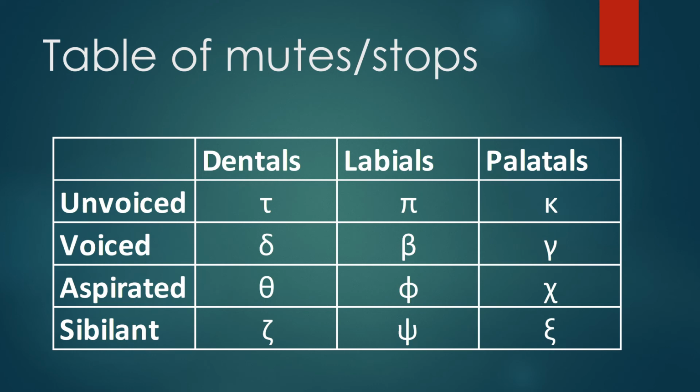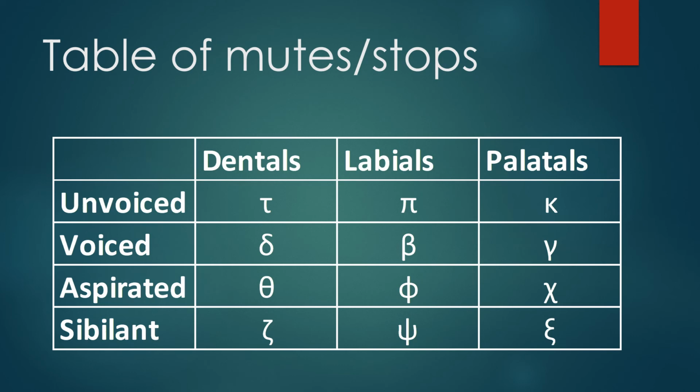And we have unvoiced and voiced forms. Unvoiced means you are not engaging your voice box while you make the sound. So let's look at the top left, the tau. You can make the T sound, you can say top, without engaging your voice box.